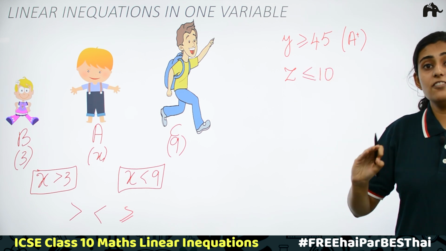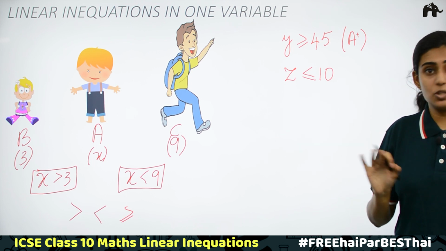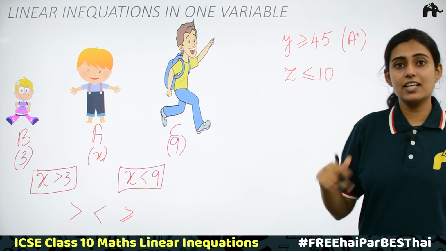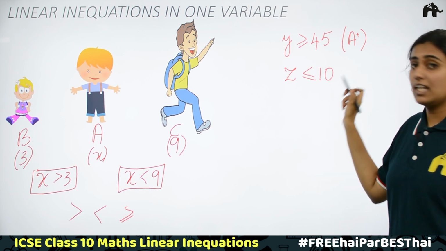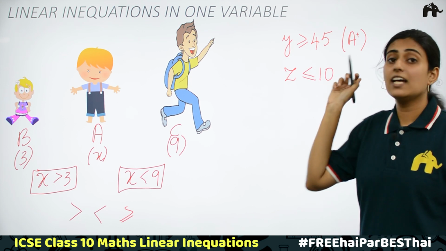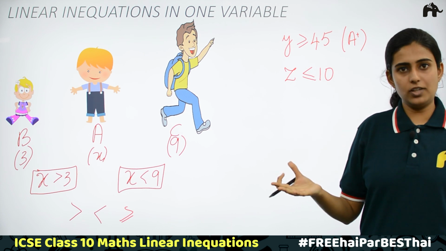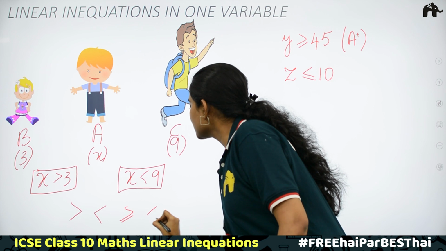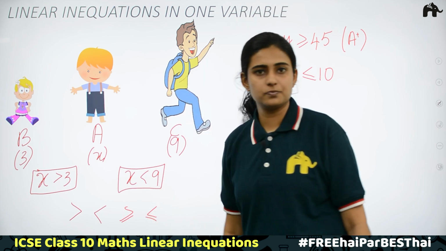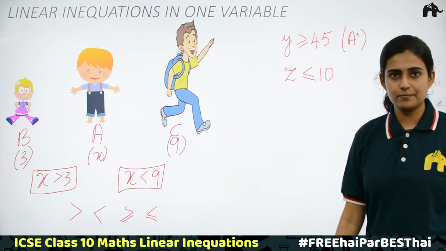Only if he scores above 10, not equal to 10, above 10, he will be passing the examination. Since he failed in the examination, it means his score is less than or equal to 10. This is our fourth inequality, that is less than or equal to. We got the 4 inequalities.